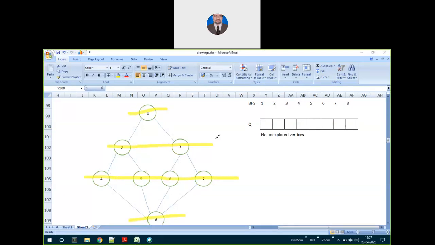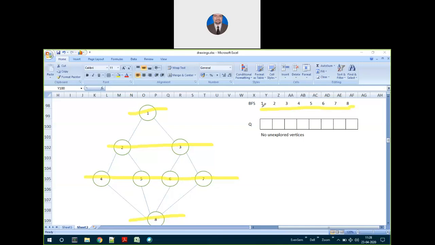So breadth wise we could search, in the sense we could find an edge between any two vertices. The result from the BFS is this traversal of the vertices: 1 2 3 4 5 6 7 8 gives me the result for the breadth first search.